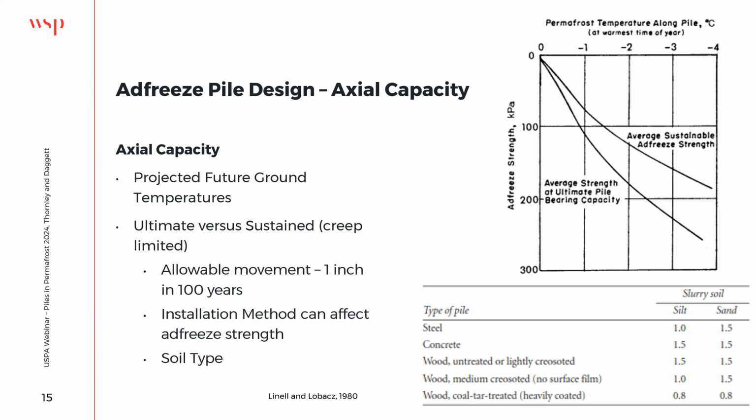So if we want something like an average sustainable strength, that's normally considered 1 inch in 100 years, 1 inch in 20 years, whatever your design criteria may be, provided that you accommodate for your temperatures. So it's important to go off of what is our creep limited adfreeze strength here, and that's this average sustainable strength.